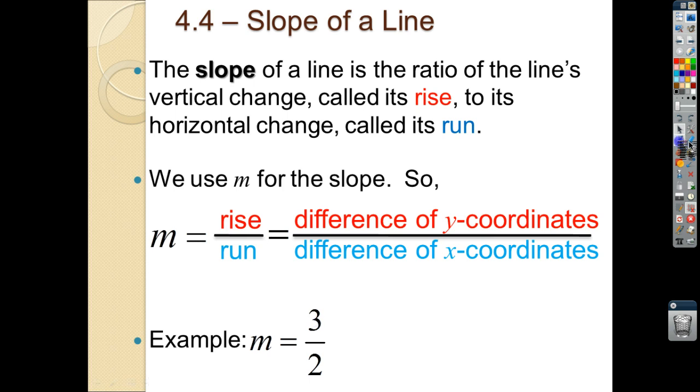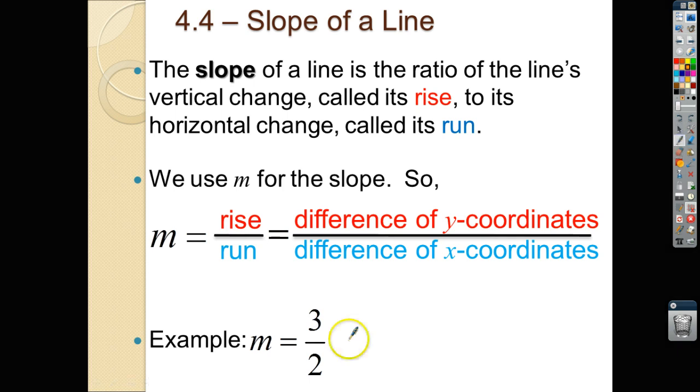In fact, if I wanted to change this into a unit rate, I would change this into over 1. And so 3 divided by 2 is 1.5. So I'd have 1.5 per 1. So for every 1 change in the input of 1, my output changes 1.5. Okay.